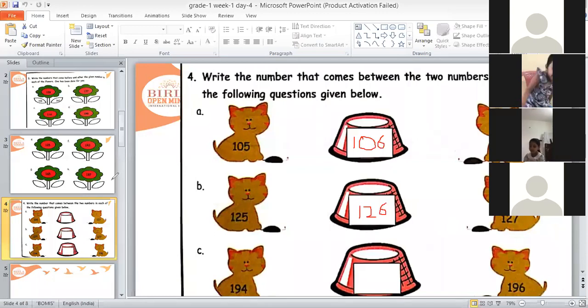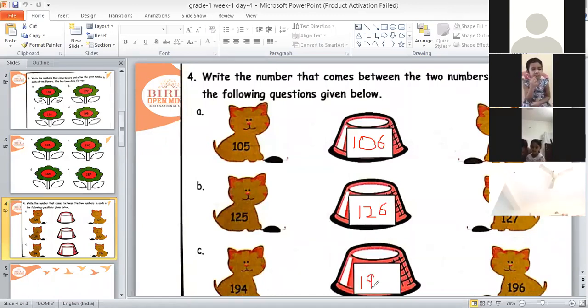Very good. So what comes just after 194, children? 195. So 195 is the number which comes in between 194 and 196.